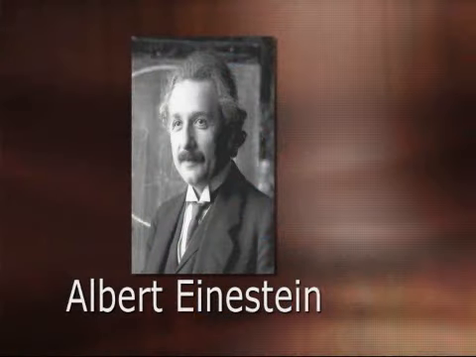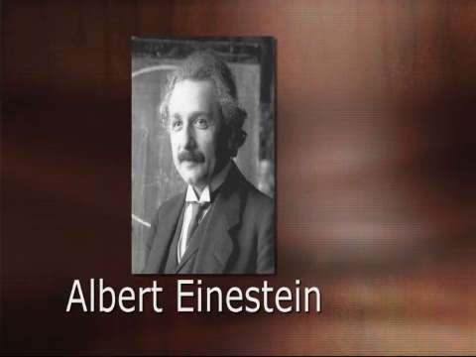In 1905, Albert Einstein explained the photoelectric effect using the quantum theory. He assumed that the radiant energy that strikes the surface of the metal does so in tiny packets. He referred to these energy packets as photons.